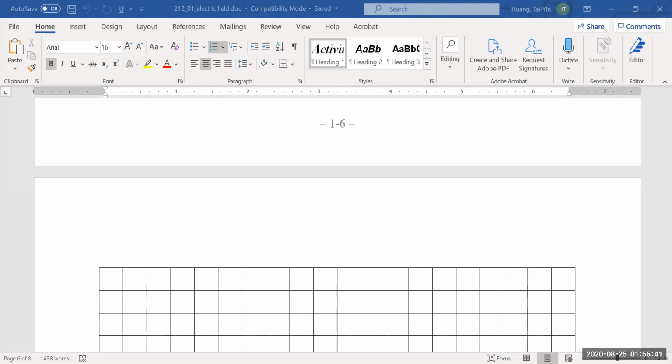So that's why I want each one of you to submit your own data analysis. And then you should remember to submit your report, and it's due the next Sunday after the experiment, which will be September the 6th by 11 p.m.